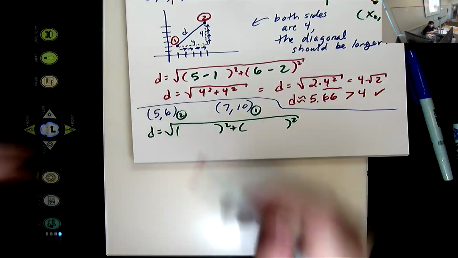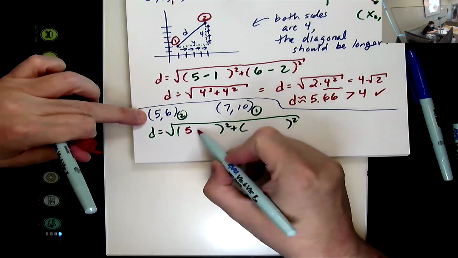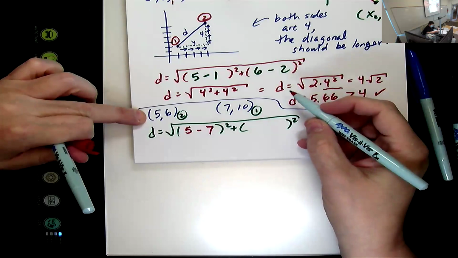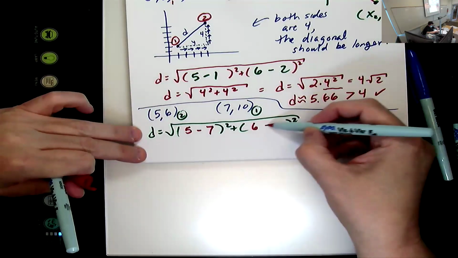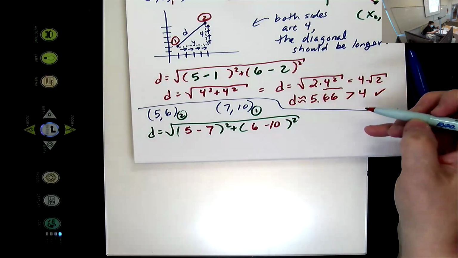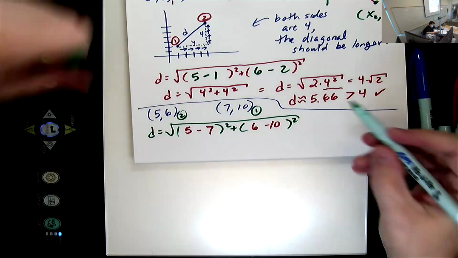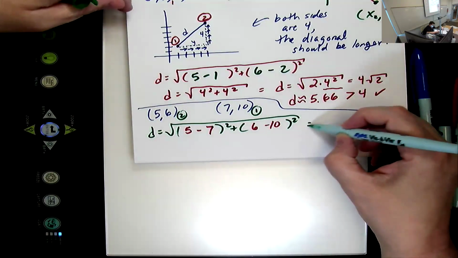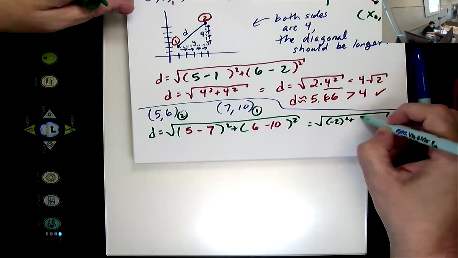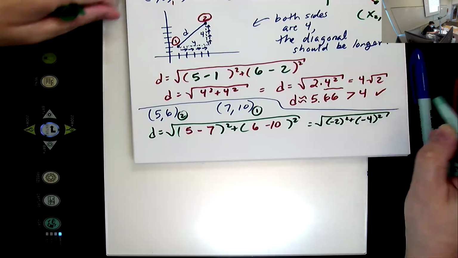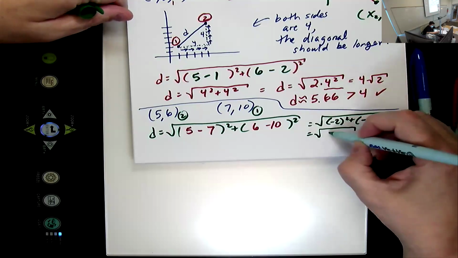So I've got my x's are the 5 minus 7, and my y's are 6 minus 10. So that is -2 squared and -4 squared, which is 4 and 16.